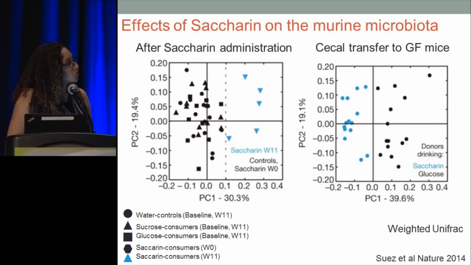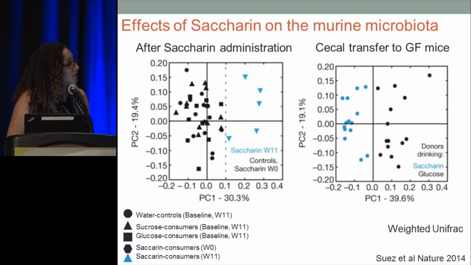Each dot or triangle is a microbial community. So each dot represents one mouse's microbial community. And the black circle, triangle, square, and hexagon represent either water controls, sucrose controls, glucose, or saccharin controls at baseline or at week 11 post-saccharin treatment.